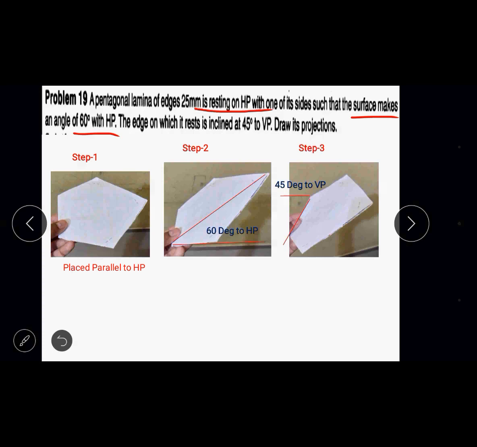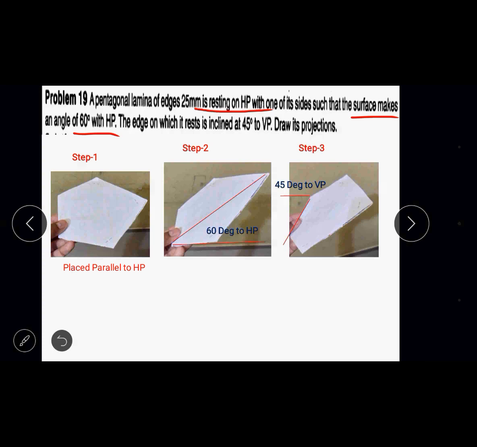Out of these two key points, if any one is stated, it's sufficient. Even if resting on HP is not given, if you find that the surface makes an angle of 60 degrees with HP, that second key point alone is sufficient to decide that it is an HP resting lamina.